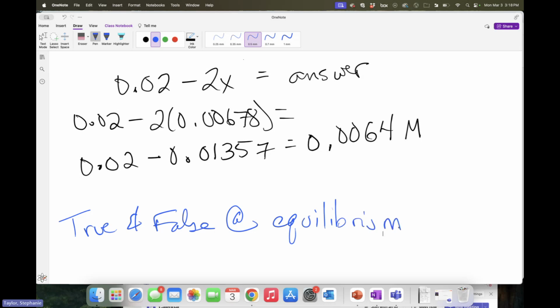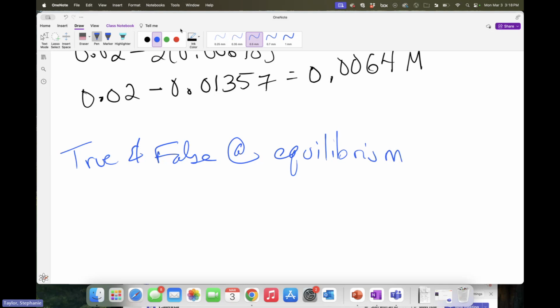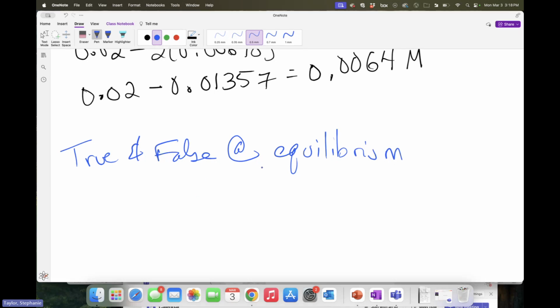Okay, we can definitely talk about that. This is a really common question. Whenever you ask me for things that are false at equilibrium, there are some common misconceptions, and those are the ones I'm going to mention. I could tell you lots of false statements about equilibrium, like you have to have a parade of elephants go by to have equilibrium, and that would also be false, but you would know that's false.